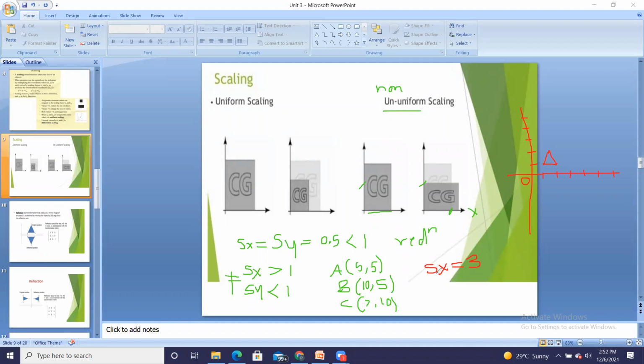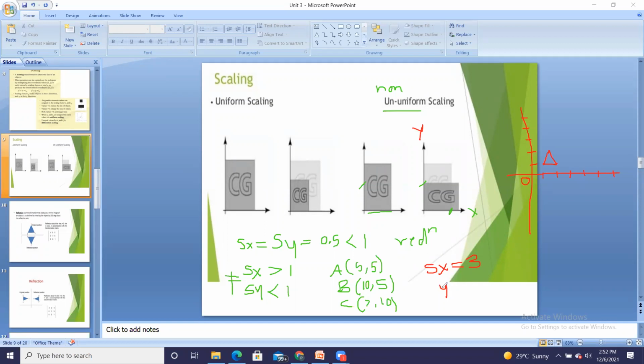And the second thing given is that you have to reduce the height to its half. So height is related with your y coordinate. Height is related with your y axis.